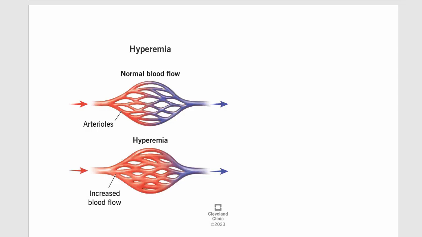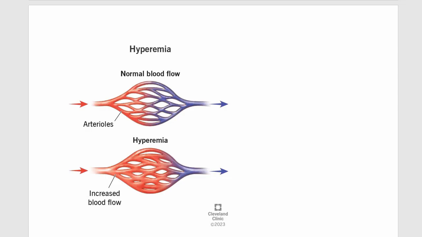When the occlusion is relieved, such as through thrombolysis, or sometimes through spontaneous resolution of the thrombus, as the body is quite good at fixing itself, blood flow to the affected area increases significantly to compensate for the period of reduced flow that preceded it.